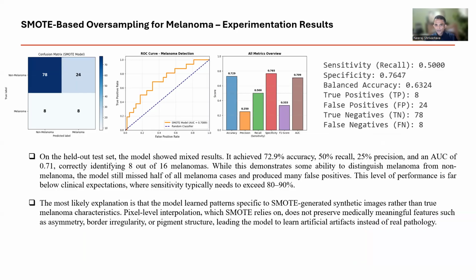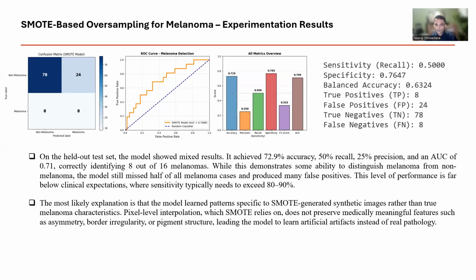Now, on the held-out test set, the model showed mixed results. It achieved 72.9% accuracy, 50% recall, 25% precision, and an AUC of 0.71, correctly identifying 8 out of 16 melanomas. While this demonstrates some ability to distinguish melanoma from non-melanoma, the model still missed half of the melanoma cases and produced many false positives.